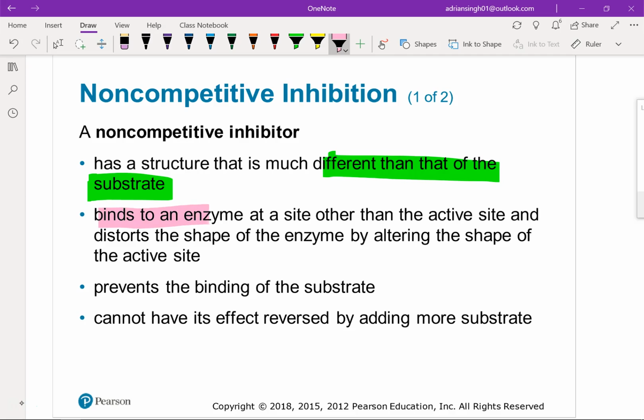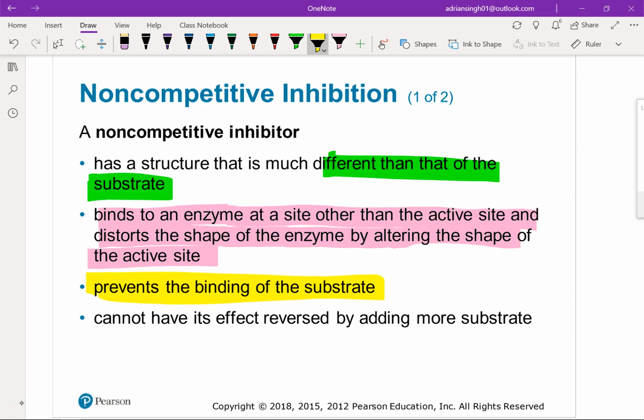It binds to the enzyme not at the active site, so it binds at a site other than the active site. What it does is it changes the shape of the enzyme, specifically the shape of the active site, and as a result the substrate cannot bind to it because the area that it was supposed to go into doesn't have that shape anymore.